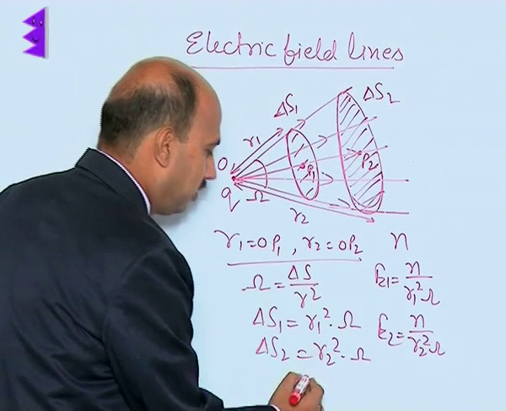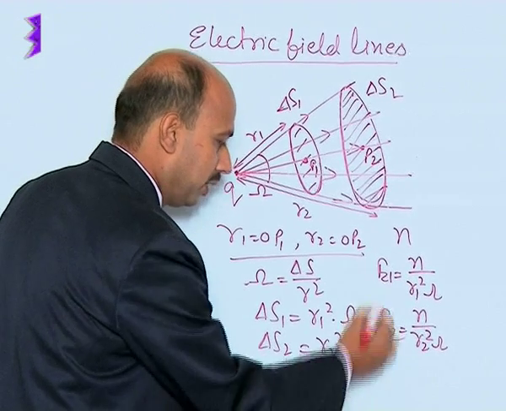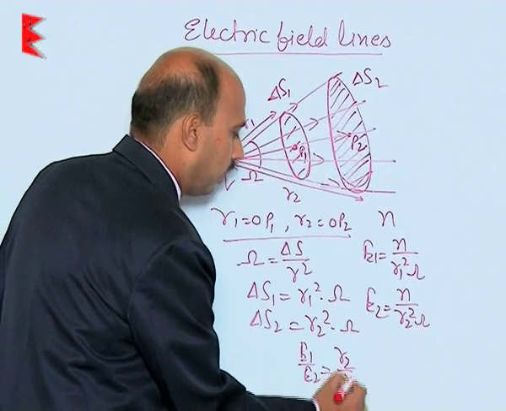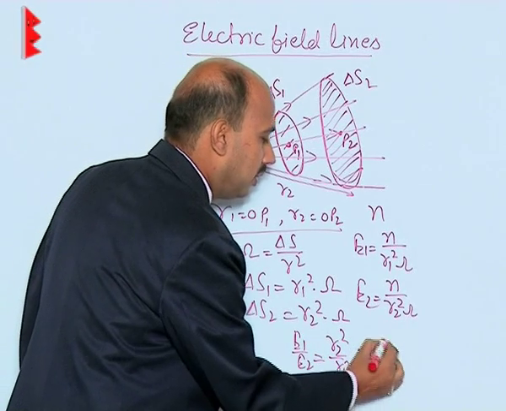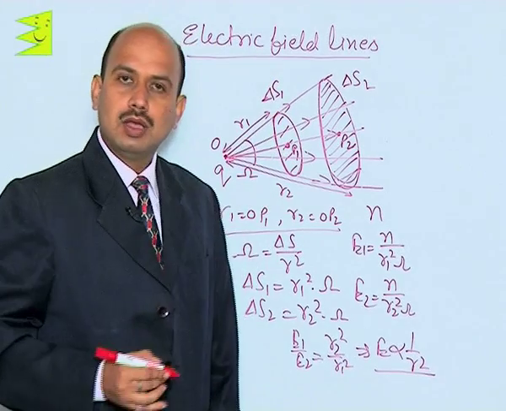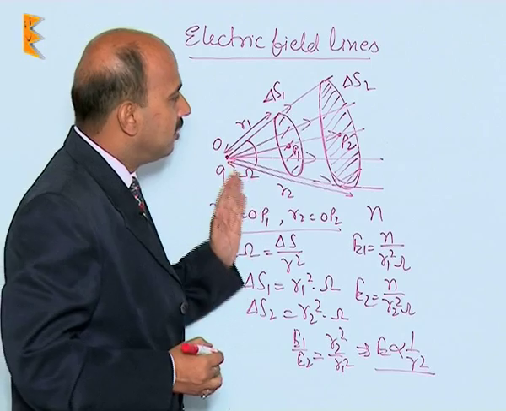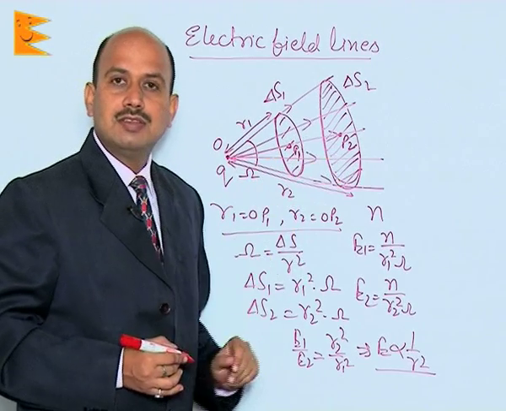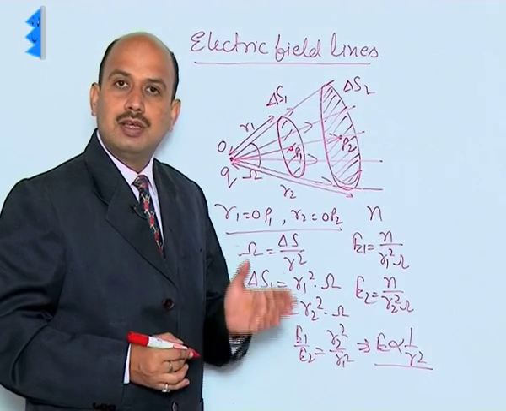So we can take the ratio E1 upon E2, which is equal to R2 square upon R1 square. That we can write as E is inversely proportional to R square. So as R increases, the density of electric field lines decreases, that means the magnitude of the electric field intensity decreases.